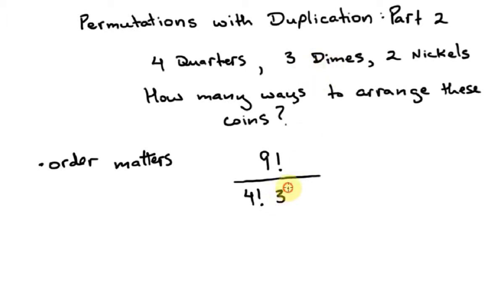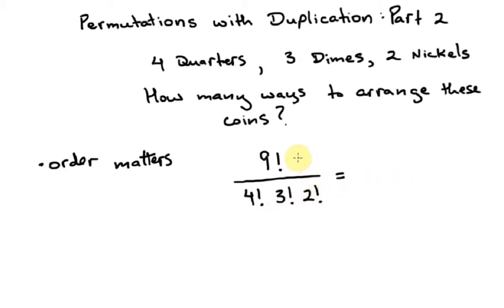There are 3 factorial ways that you can rearrange the dimes and 2 factorial ways to rearrange the 2 nickels. The nickels are easier because you just flip them and that's it. There's only 2 ways. So this will correct for all of those arrangements that are technically different, but to the naked eye they look the same.